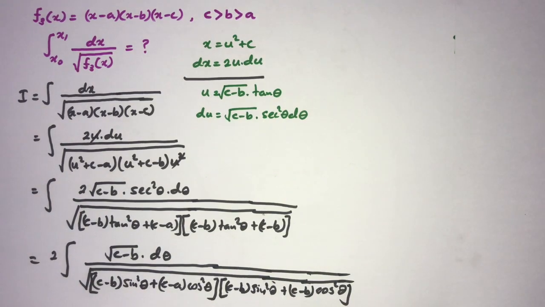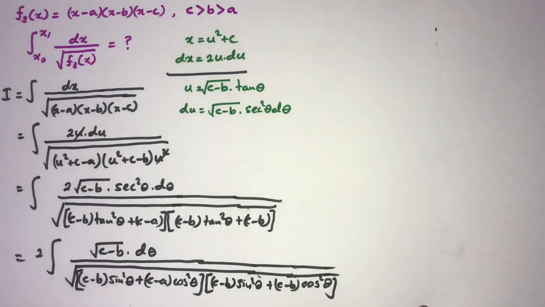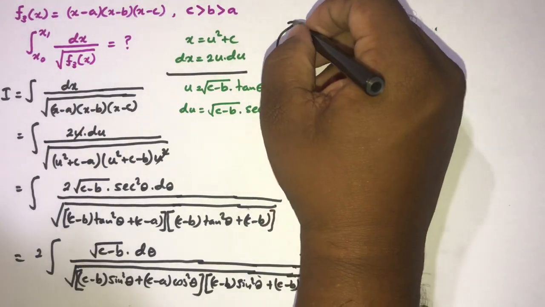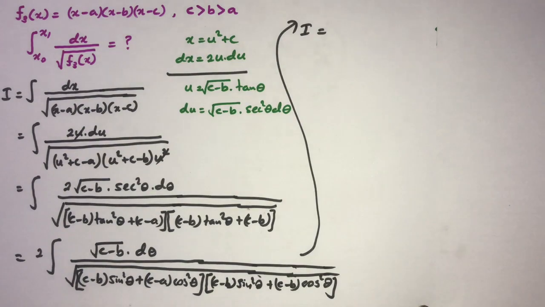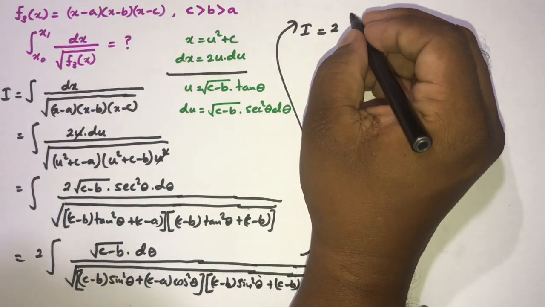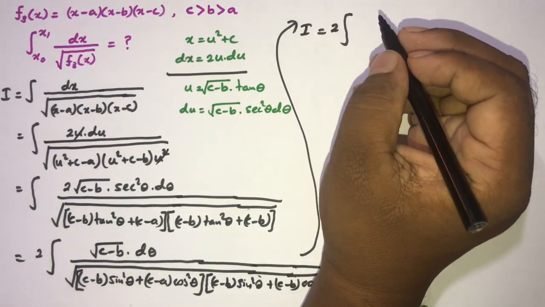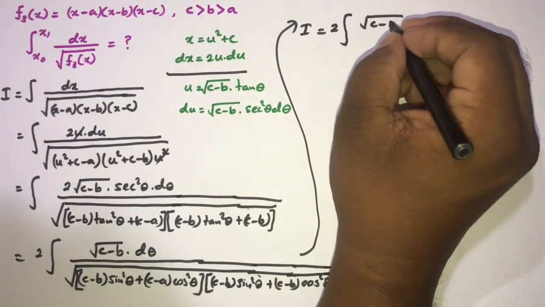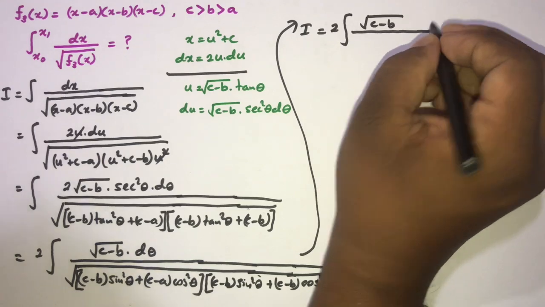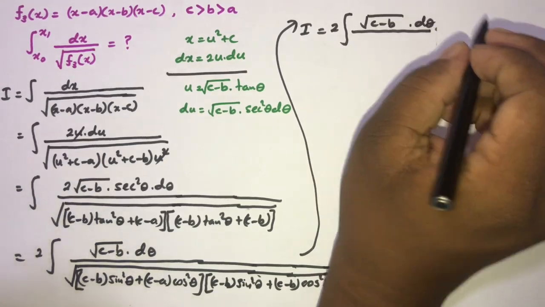Then we know here sine square plus cosine square is equal to 1, so we can write now our integral I is equal to 2 times integral square root of c minus b d theta.